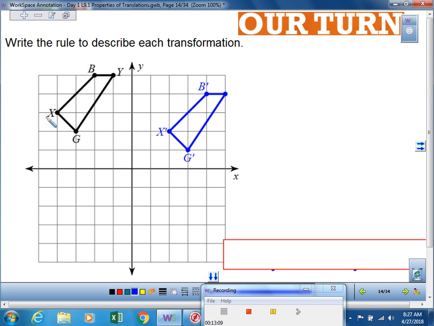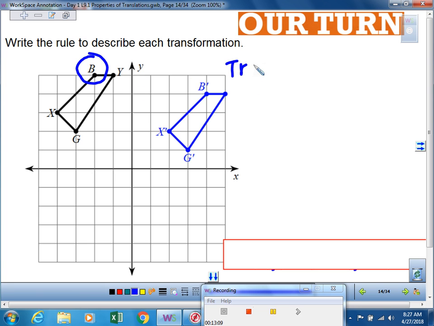All right. So, ready? Remember, you're starting with the pre-image. Which one's the pre-image? The one on the left. This is where I start. So, it just slid down and over.